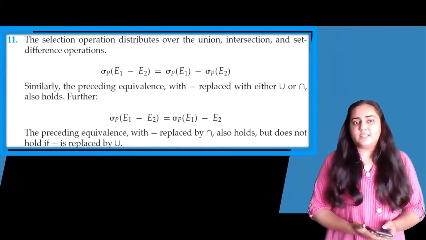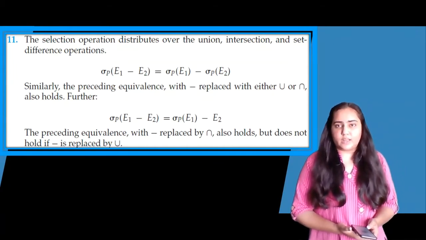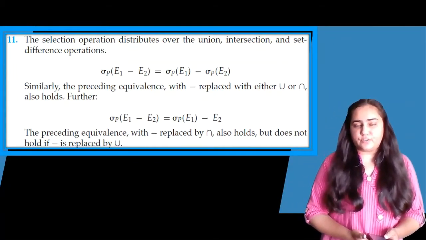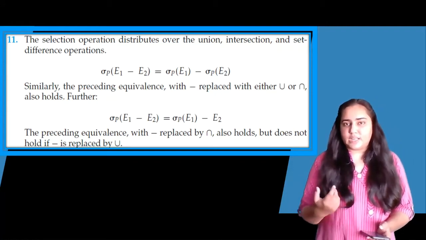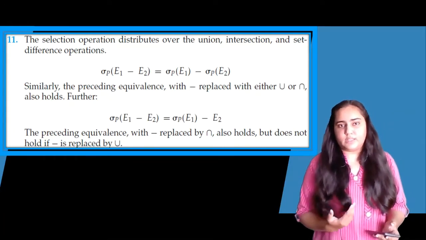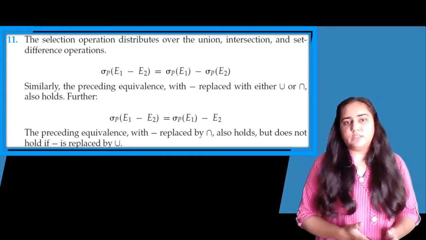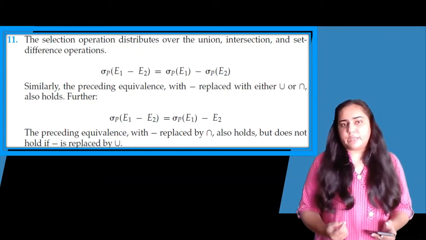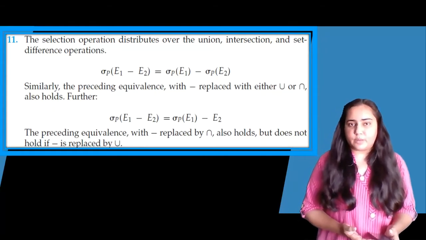Now, the selection operation distributes over the union, intersection, and set difference operations in this manner. I'm only giving you an example of set difference, but you can distribute it over union and intersection too. Here you can see there is a sigma p condition. P is the condition on which my select statement needs to be applied.